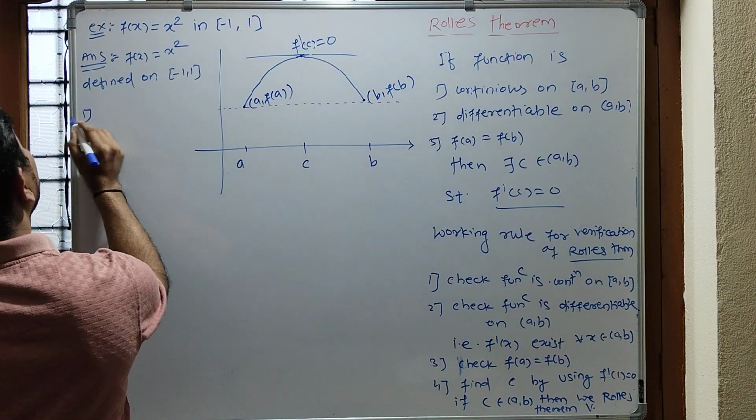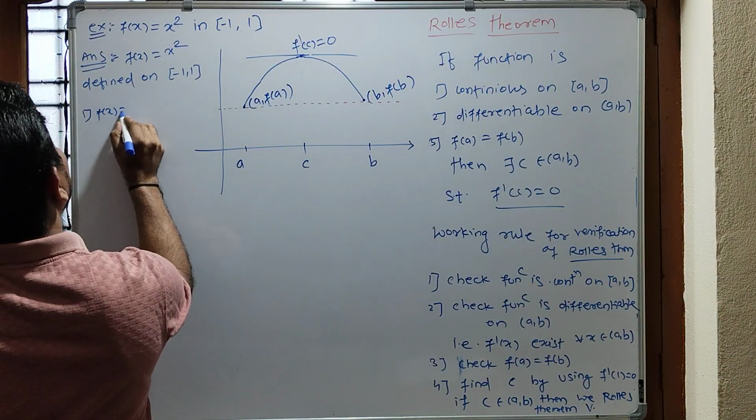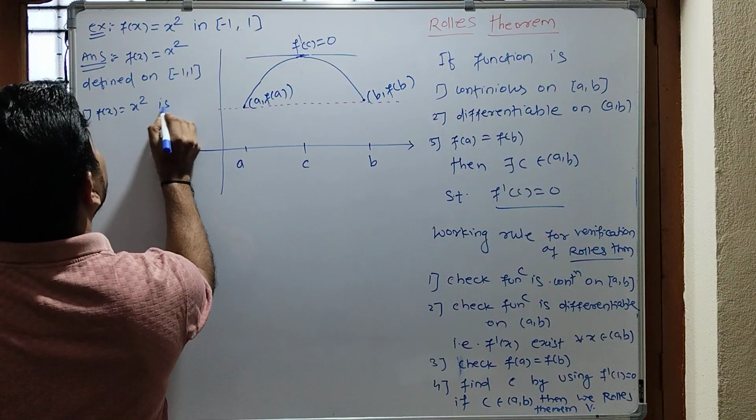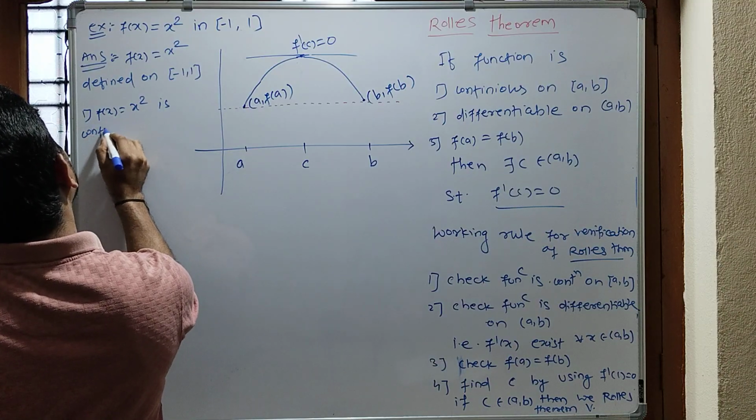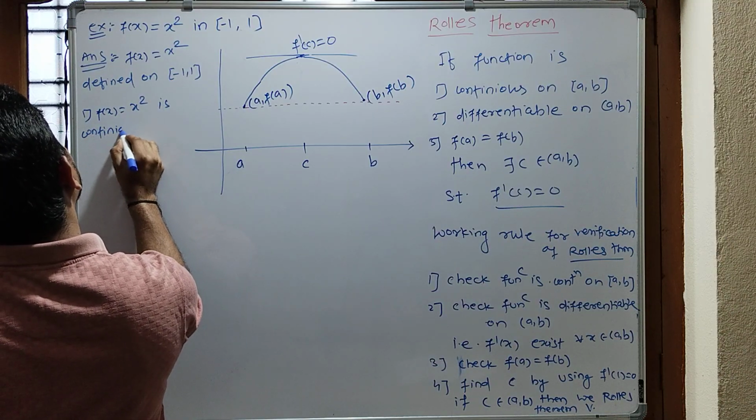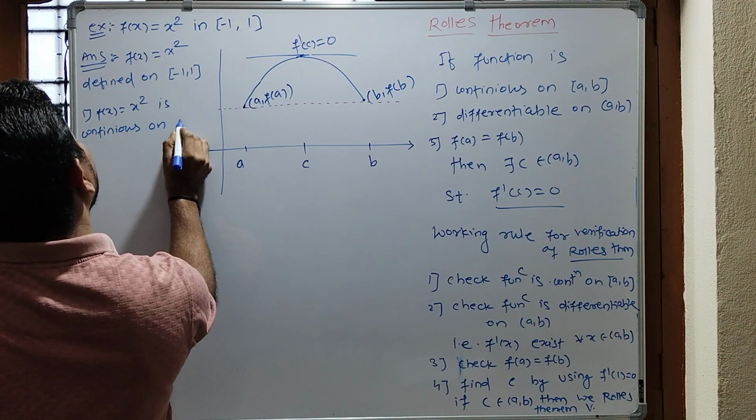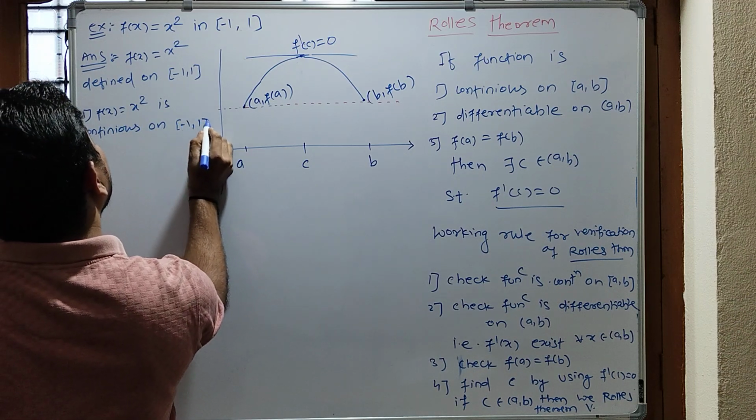So here, first condition: f of x equal to x square is continuous on the closed interval -1 to 1.